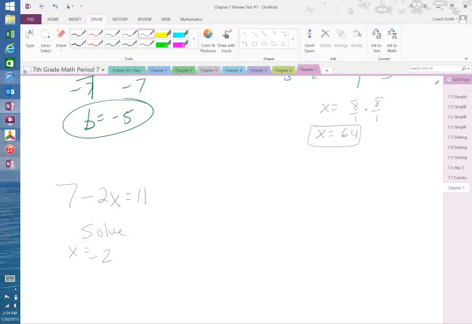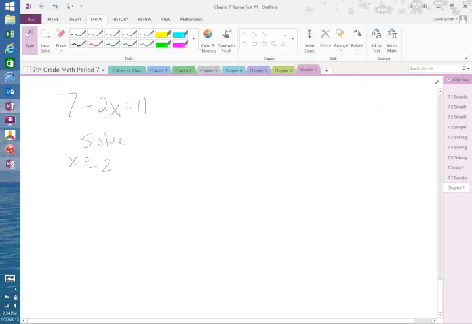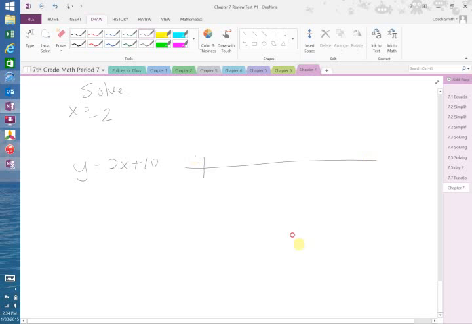21 through 25, input-output table. Okay, input-output table, y is equal to 2x plus 10. And they give you the input-output table. Here's your x and your y. Then they say -4, then they say -2, then 0, then 2, then 4.